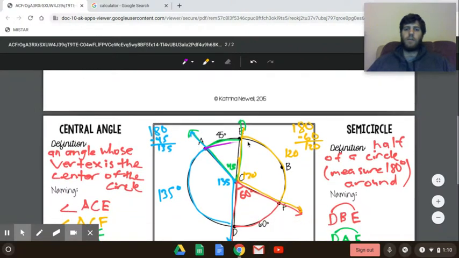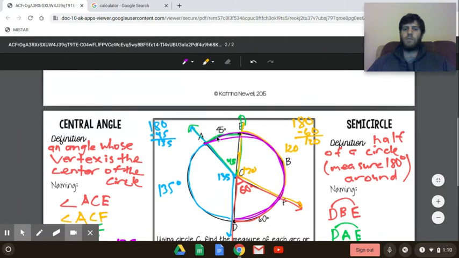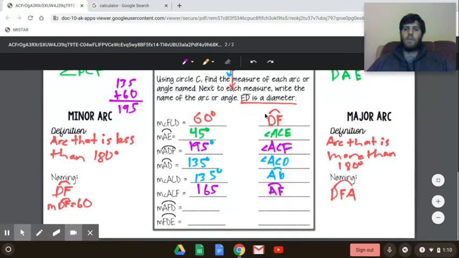So we're going from A to D through F. That's going to be this way. All we've got to do is add up the three parts. So 45 plus 120 plus 60 is 245. So the measure of arc AFD is 245 degrees.